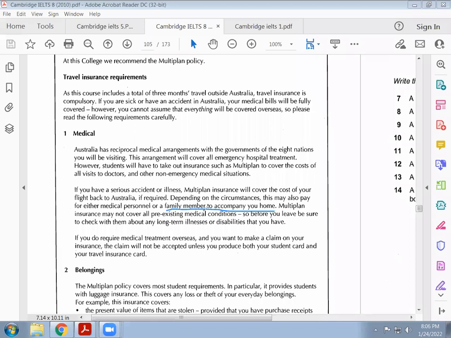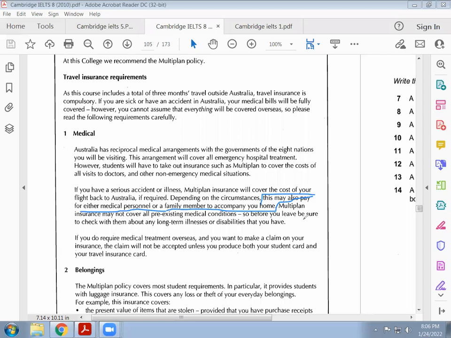Now, what is the mistake where you may go wrong if you read half a sentence? If you read it from here, this may also pay for either medical personnel or a family member to accompany you home, it is giving you a different sense. But if you read it before the comma, it says, depending on circumstances. So it's not every time.